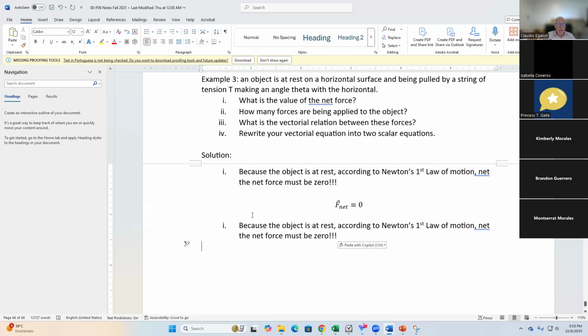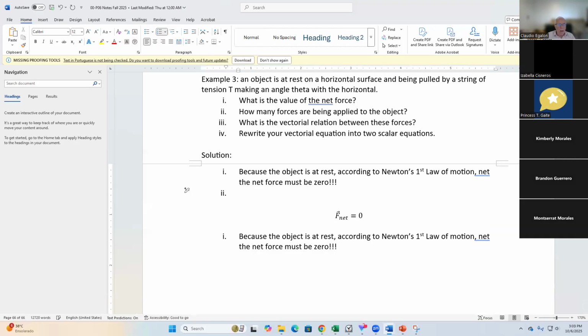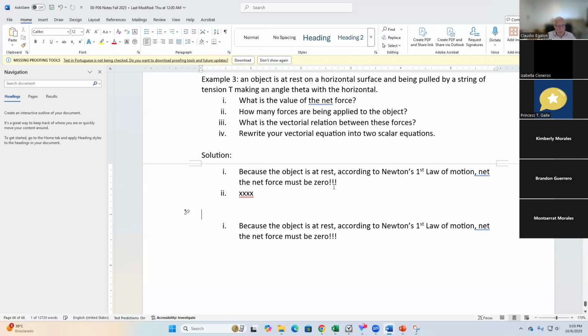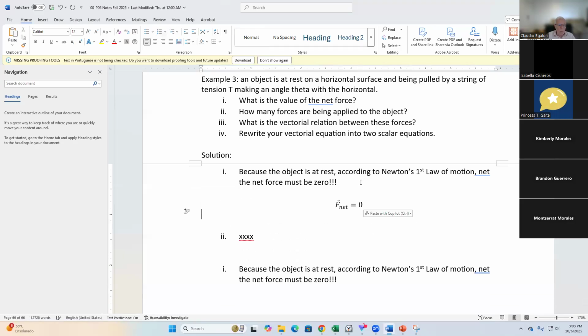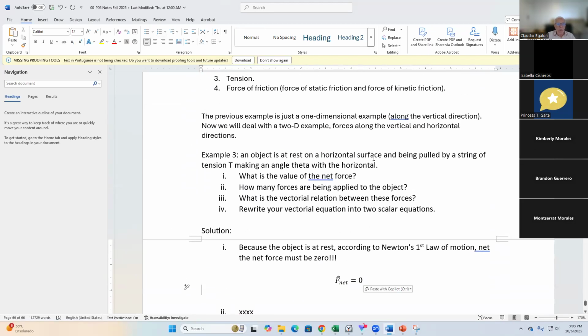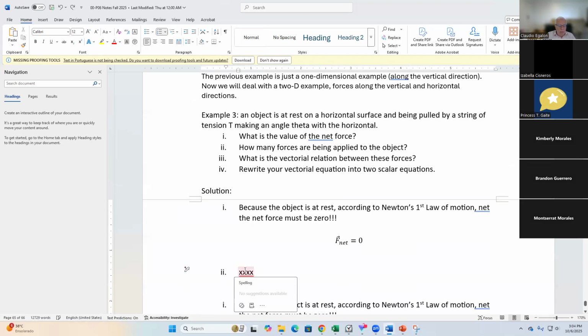How many forces are being applied to the object, right? All I told you: the object is at rest on a horizontal surface and being pulled by a string of tension T, making an angle with the horizontal. So the weight must be there. The weight.